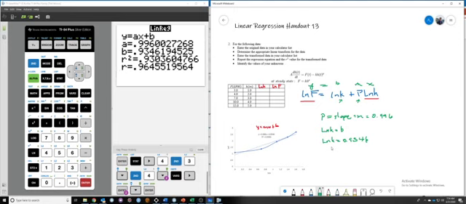But I want K, I don't want the natural log of K, so I take the exponential on both sides. K is equal to the exponential of 0.9346, which is approximately 2.95. I'm rounding a little bit there, but K should be approximately 2.95.